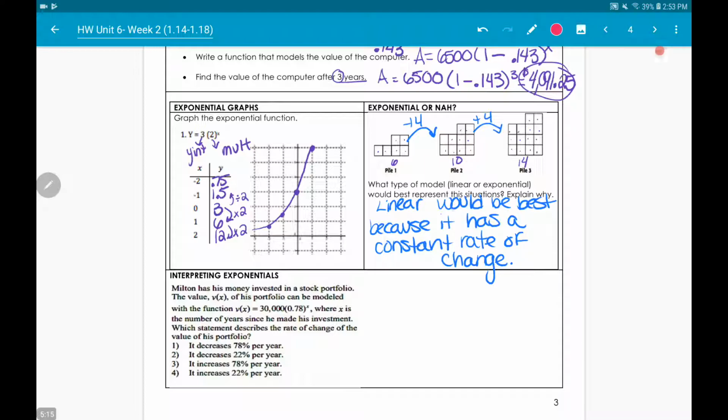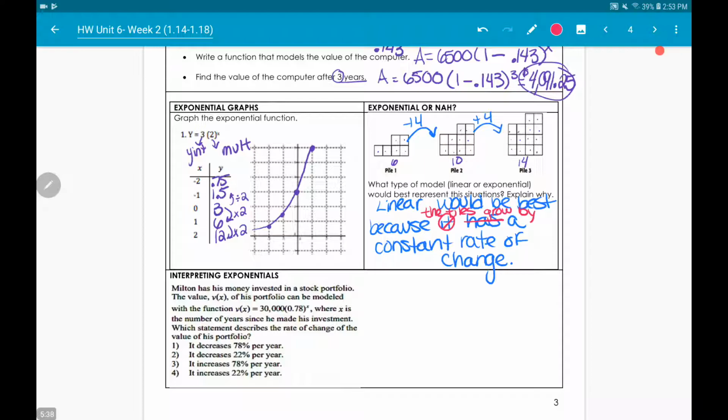Because it has a constant rate of change, I'm changing it to linear would be best because the tiles grow by a constant rate of change instead of by a multiplier.